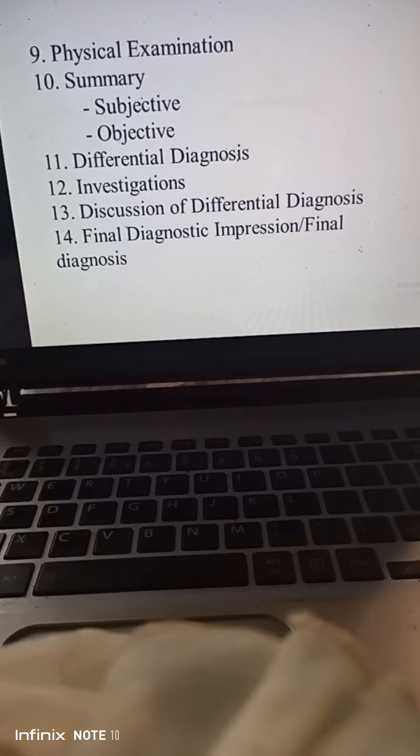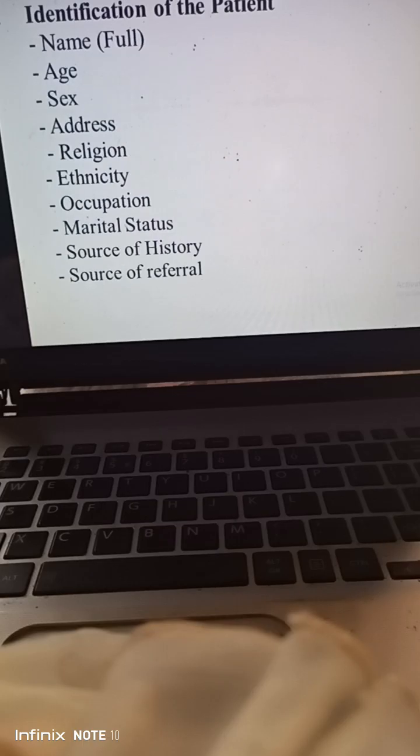Then you go to the differential diagnosis, your investigation, the most important investigations, and finally discussion of your differential diagnosis and final diagnostic impression and final diagnosis. This is how you approach your case report or how you report your bedside during your teaching process from today and onwards.